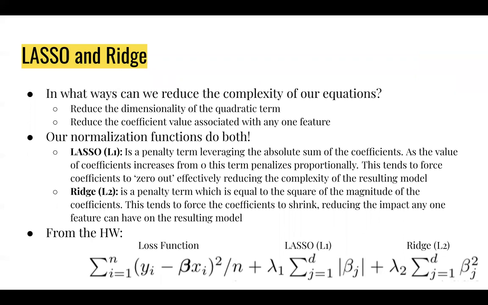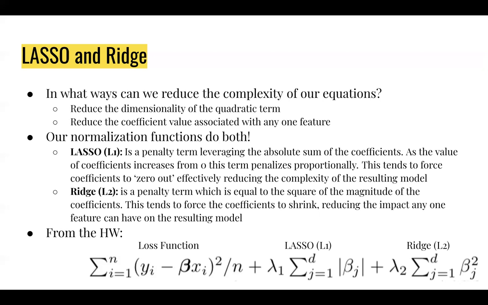In our multinomial term, we have a number of X terms, and as the number of X terms goes up, the overall complexity of our model increases. So one way we can simplify it is to reduce the number of features in our data set. That's number one. Number two, we know that the magnitude of the coefficients impacts the degree to which any one feature will skew the data.